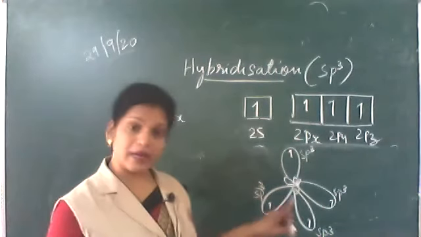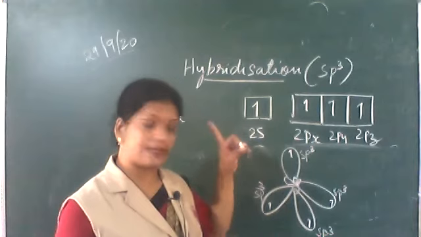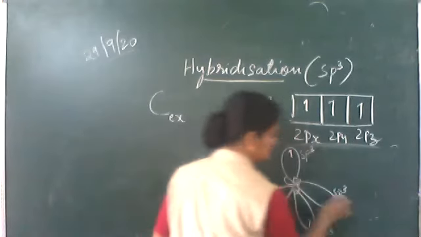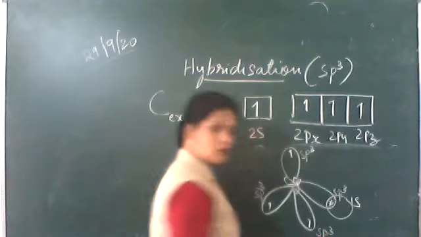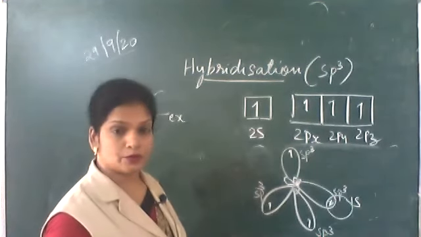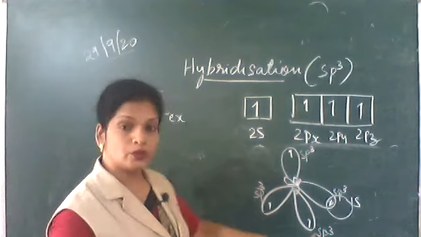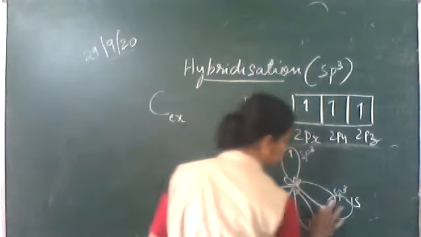And they are overlapping with the 1s orbital of hydrogen. See, this is the 1s orbital of hydrogen. So a bond is formed. A covalent bond is formed with 2 electrons. I have shown 2 electrons here.